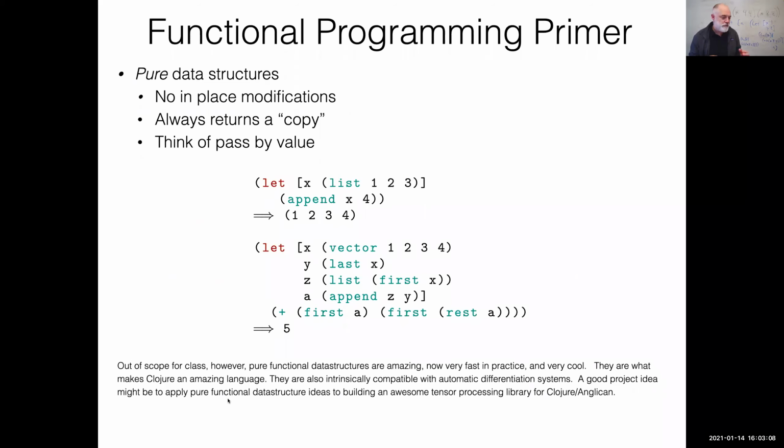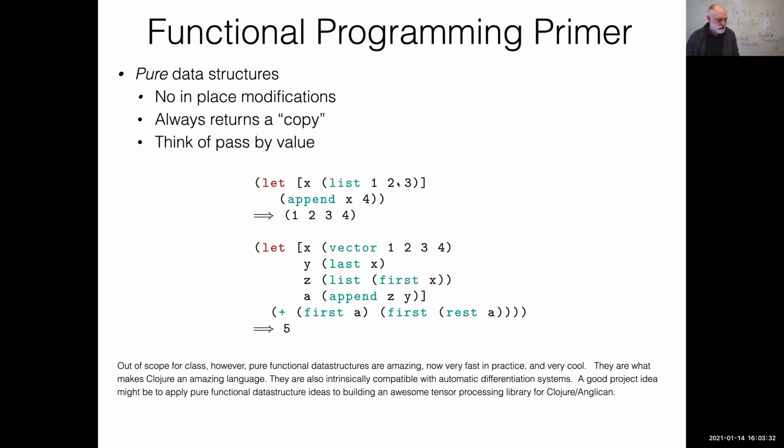We're going to be talking about pure data structures, which is to say that there are no in-place modifications. Like you make a tensor and you can't go in and change the value of a tensor where you reference it somewhere else. You can think every operation returns a copy, or you can think of it as pass by value or whatever, right?